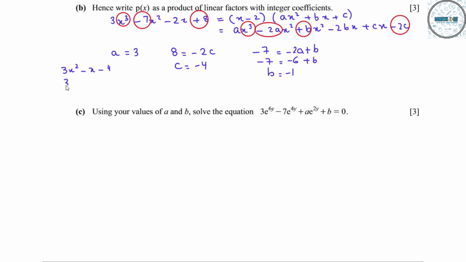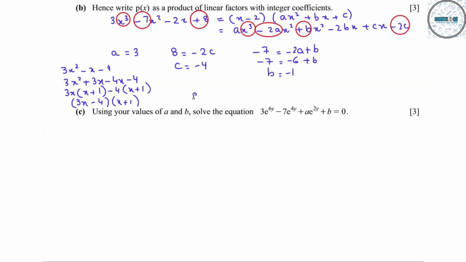So we have here 3x squared plus 3x minus 4x minus 4. We can take 3x as common, x plus 1, minus 4 as common, x plus 1. So we have 3x minus 4, x plus 1.